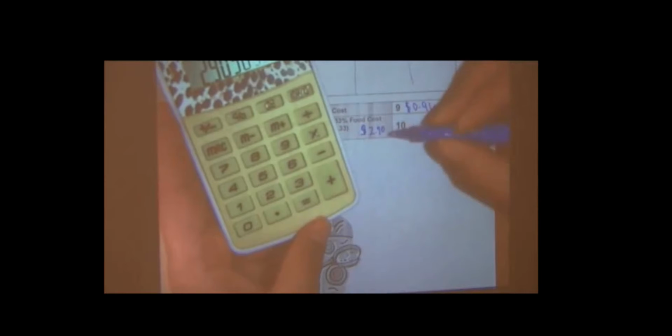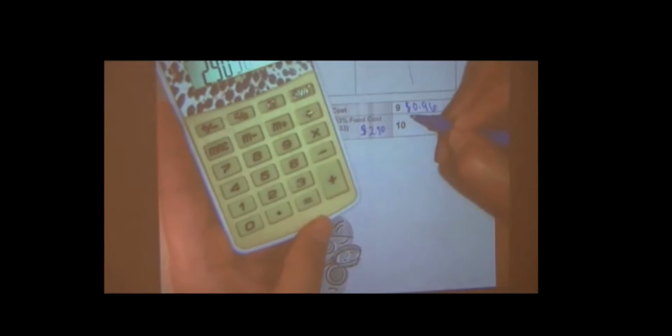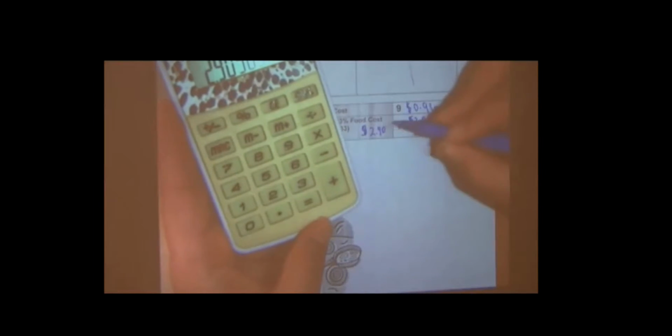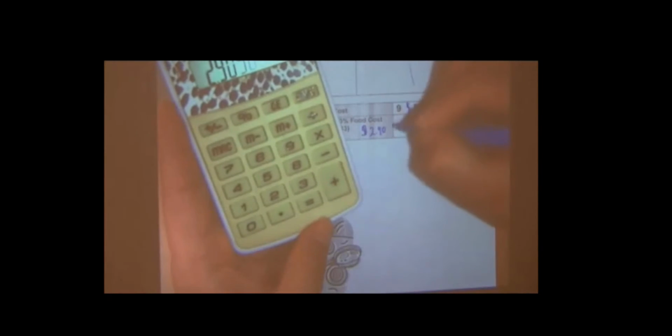Now, my restaurant is really nice and fancy. We don't do 96 cents on the menu. Actually, it's 91 because I didn't round up. It's $2.91.